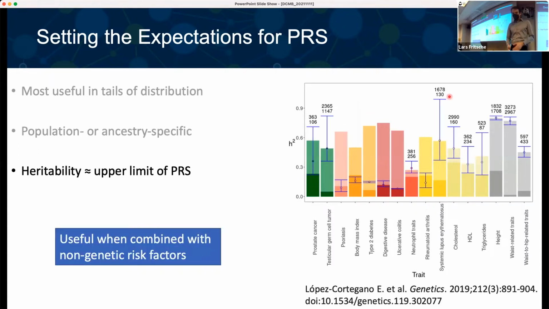Another important thing when we talk about PRS is that they only capture the heritable fraction that is captured by the additive effects of SNP variants. So this is the maximum that we can predict with the polygenic risk score. What I'm showing here are different traits, and depending on the trait, there's a different estimated familial heritability. This is the lighter color, and the darker color indicates the heritability that we can currently explain by common SNPs from GWAS studies.